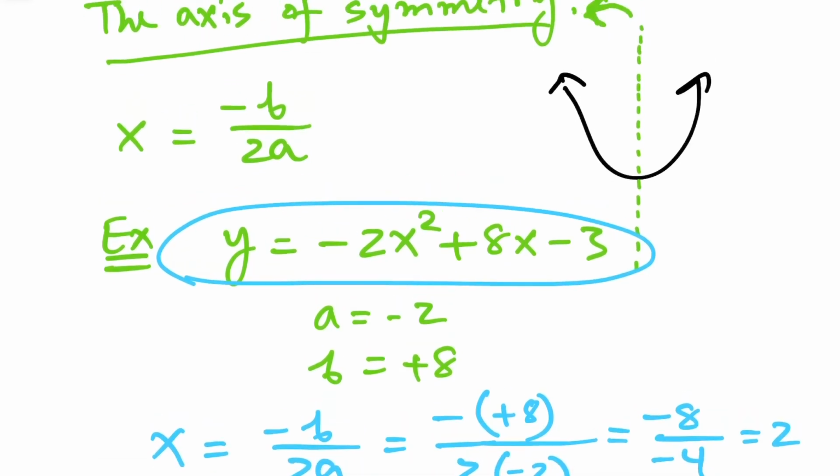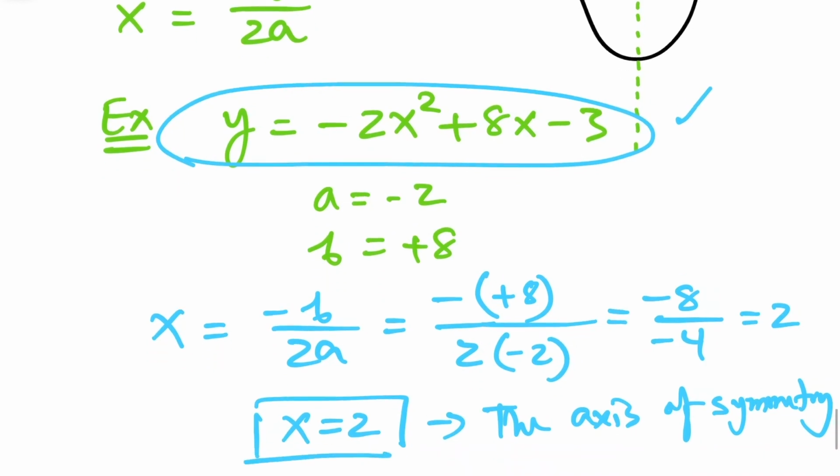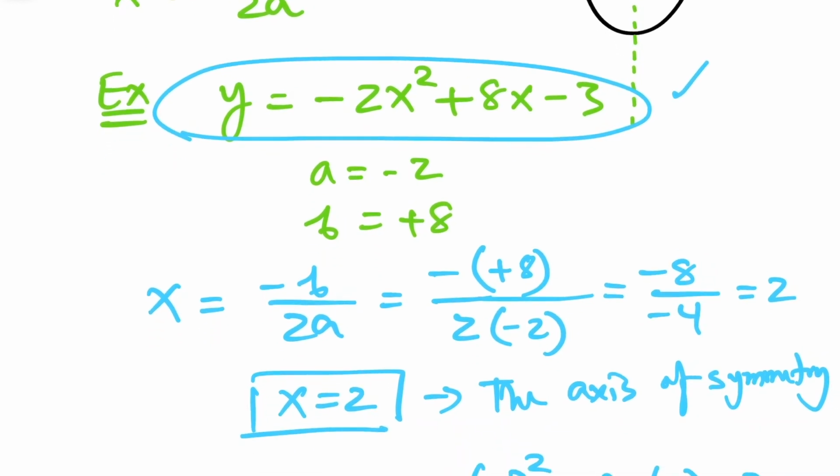So if they give you a quadratic equation, you just need the a and b value. You can use this formula, x equal to negative b over 2a, plug it in, simplify, and you will get your axis of symmetry. Just one thing, be careful that the answer should always look like x equal to some number. Do not use y, it's x equal to some number.